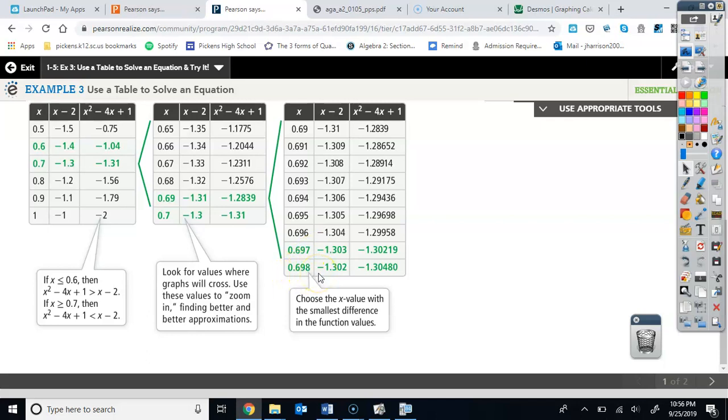Now guys, when I say plug in, I mean using your calculator to plug this number in for x here and here, and get an answer. Then you choose the x value where the two answers are closest to each other. I would say on this one, 0.697.